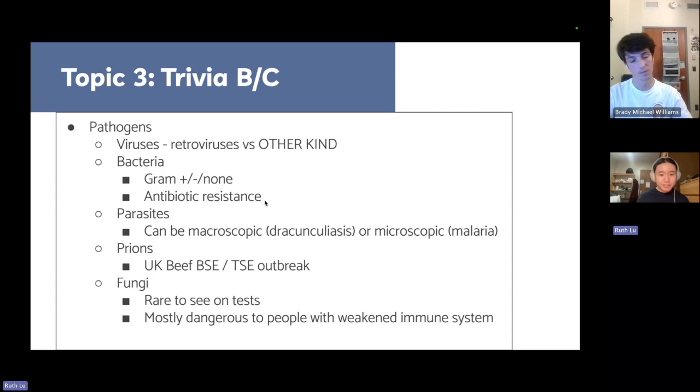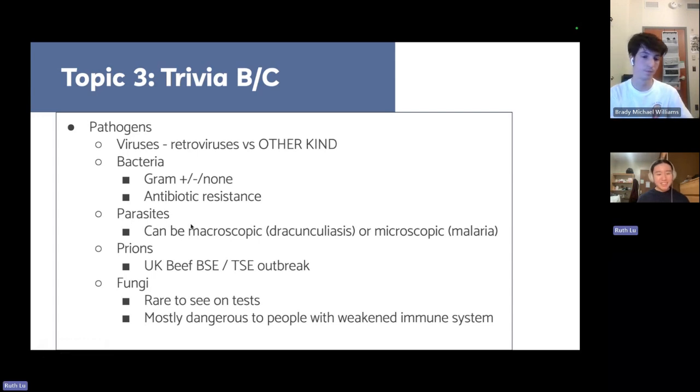Also, antibiotic resistance is a really big topic because antibiotics are our best line of defense, well, offense against bacteria. But because of the overuse of antibiotics across the board for treating disease, for agriculture, everything, a lot of bacteria are developing resistance to one or more of the antibiotics that we have. This is predicted to be a pretty big issue, and you might see this on some tests.